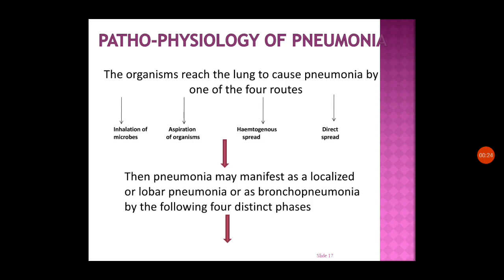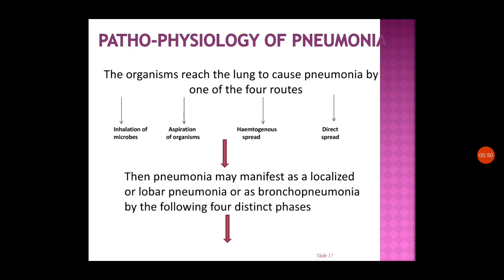Any of these routes will be used by the organism to reach the alveoli and the terminal portion of the respiratory tract. It can be inhalation of the microbes, aspiration of organisms, or hematogenous routes. From a distant part, blood carries the organism to the lung area, and direct spread can also occur.